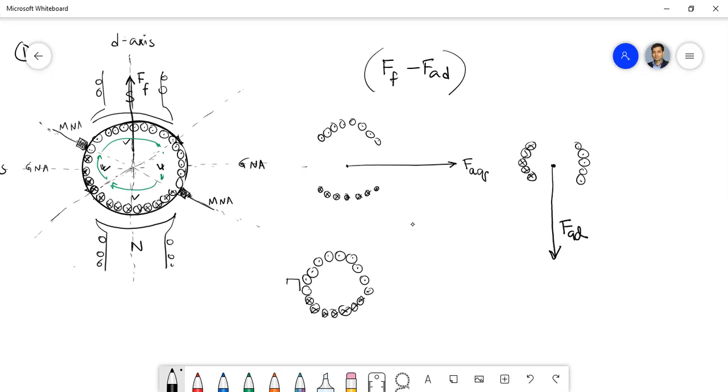As your brush is placed here, what will be the direction of FA? FA is only directed to this. There will be no component in this or in this.